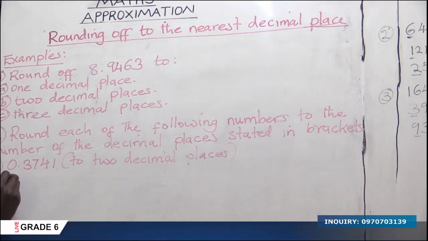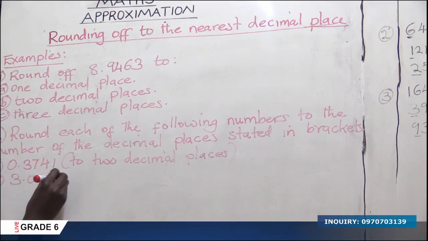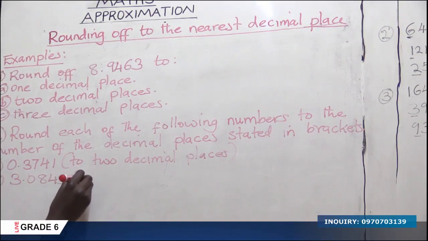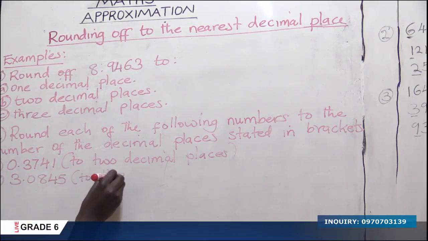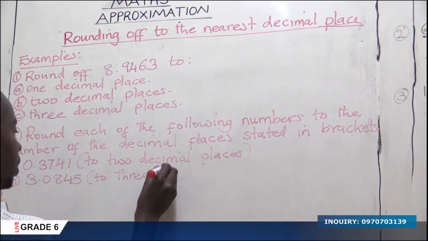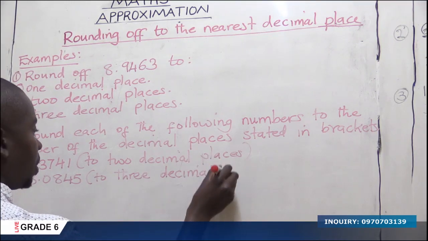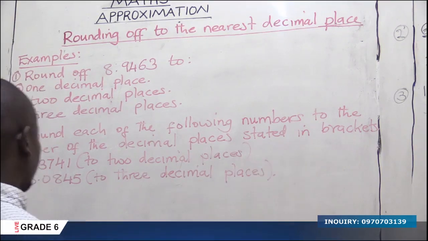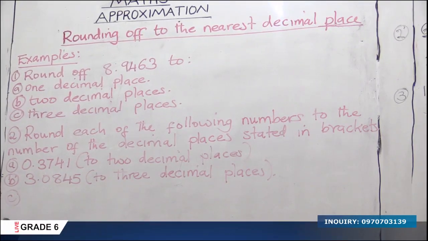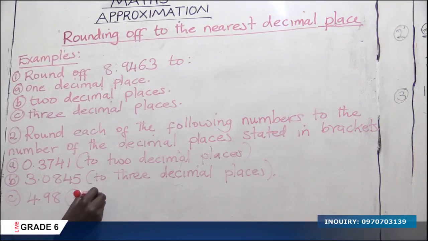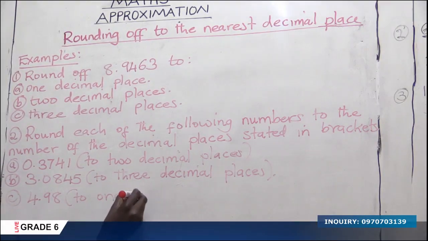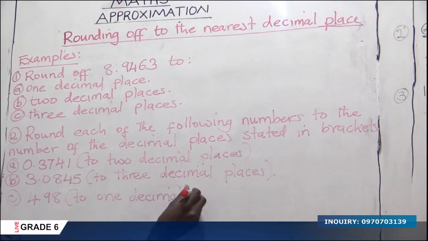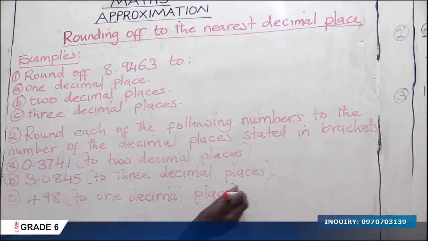B, 3.0845 to 3 decimal places. C, 4.98 to 1 decimal place.